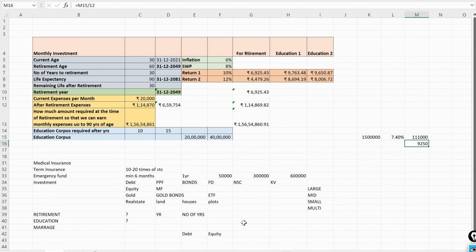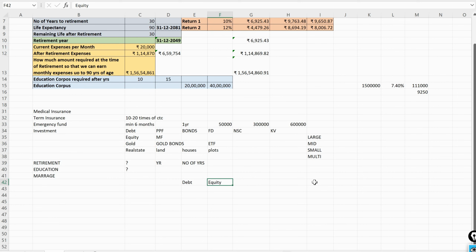Then the balance we can invest in equity. In equity we should not go ahead with direct total equity funds. We have to go with hybrid funds. You cannot go ahead with aggressive hybrid also; you should go ahead with conservative hybrid.